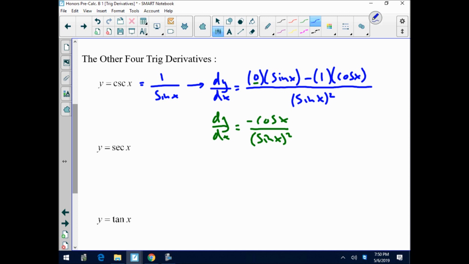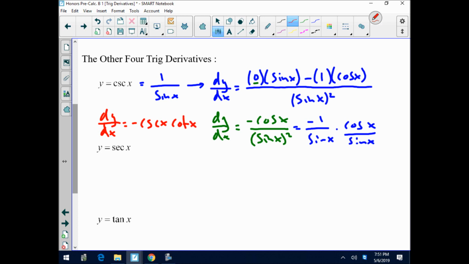So I'm going to factor away one of the divisions of sine x and call this negative 1 over sine x times cosine x over sine x. Now that negative 1 over sine x is going to be negative cosecant x, and my cosine x over sine x is cotan x. And there is the way we are going to represent the derivative of cosecant x.